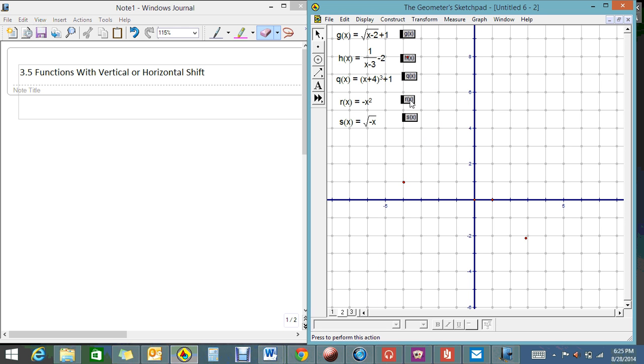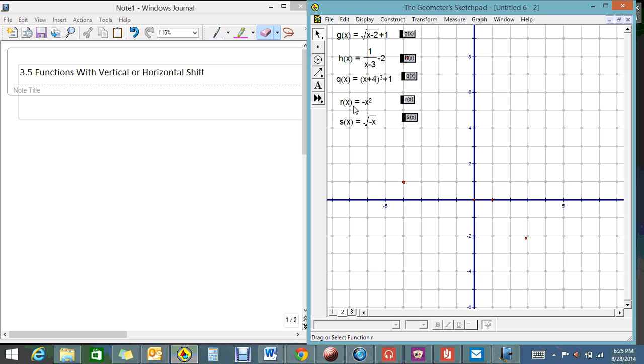Okay, now we can also throw some negatives in and do some flips. So you notice that this is x squared, and we know what the x squared looks like. But this has a negative in front of it. There's my negative, right? So x squared is that parabola. It's like this.